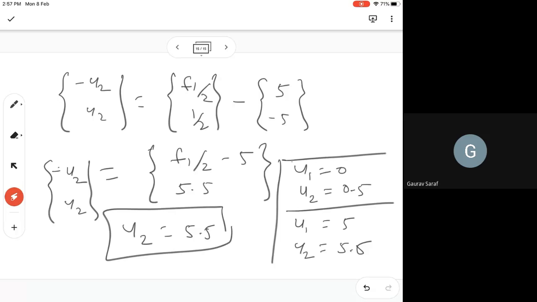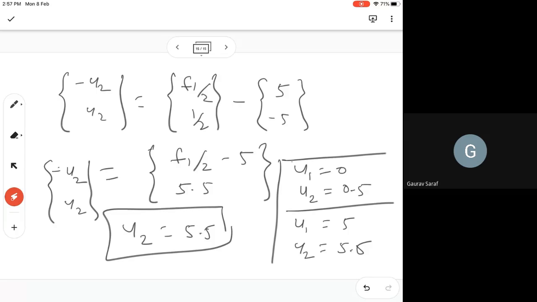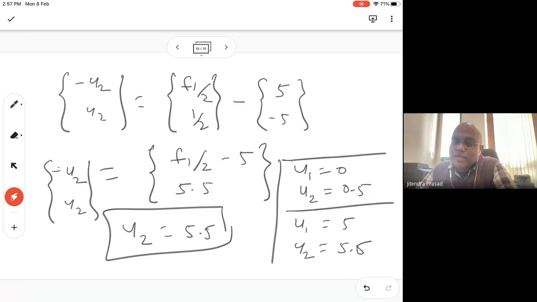Sir, in this problem that we were discussing, the stiffness matrix was identical, like K, minus K, minus K, K we were having. When we are solving the truss problem, when the values can be different, then the determinant might not be 0. No, it will still be 0. The determinant will be 0 when you have a square symmetric matrix. Determinant has to be 0.